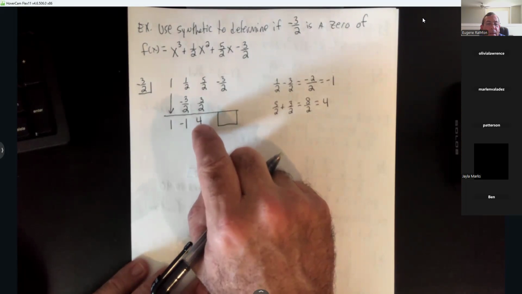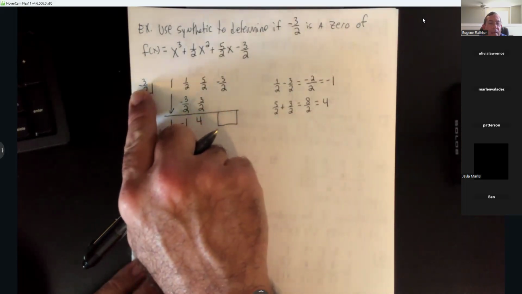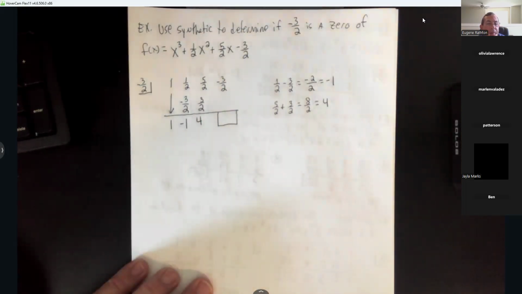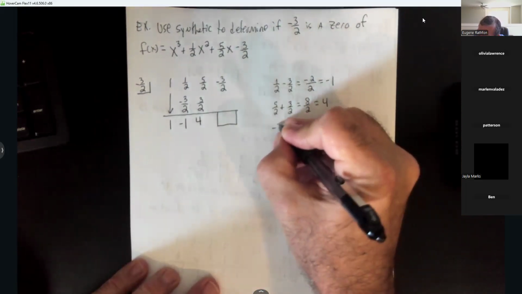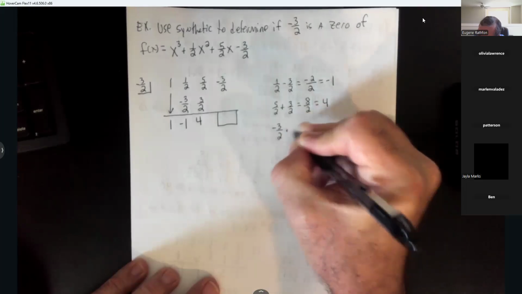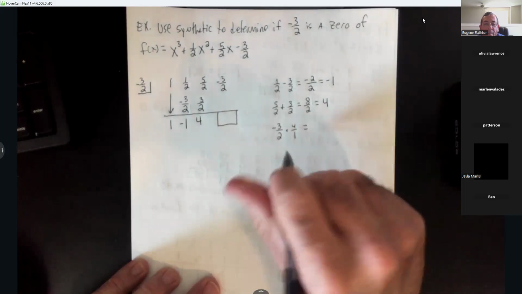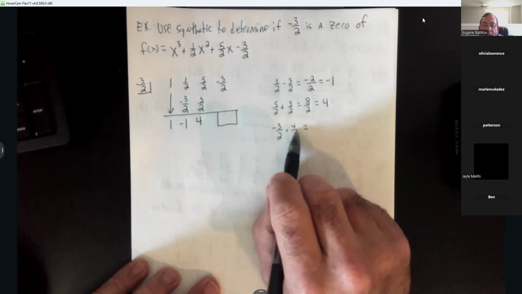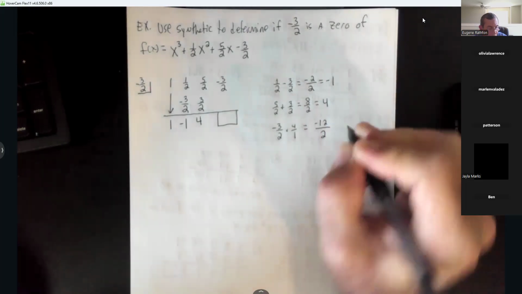All right, y'all. So now I got this 4 times this negative 3/2. So negative 3/2 times 4. I'm going to put the 4 over 1. So that's going to give me a negative 12 over 2.